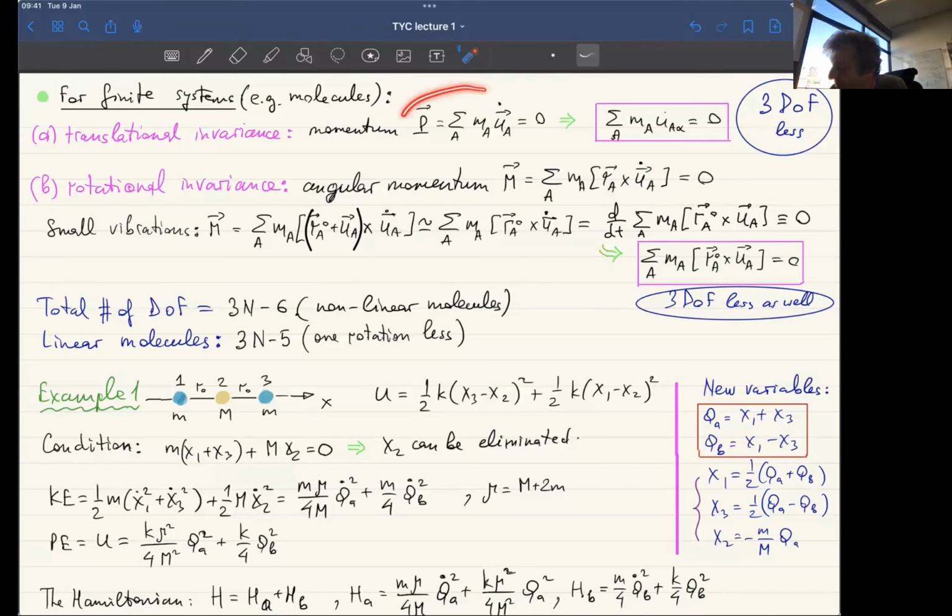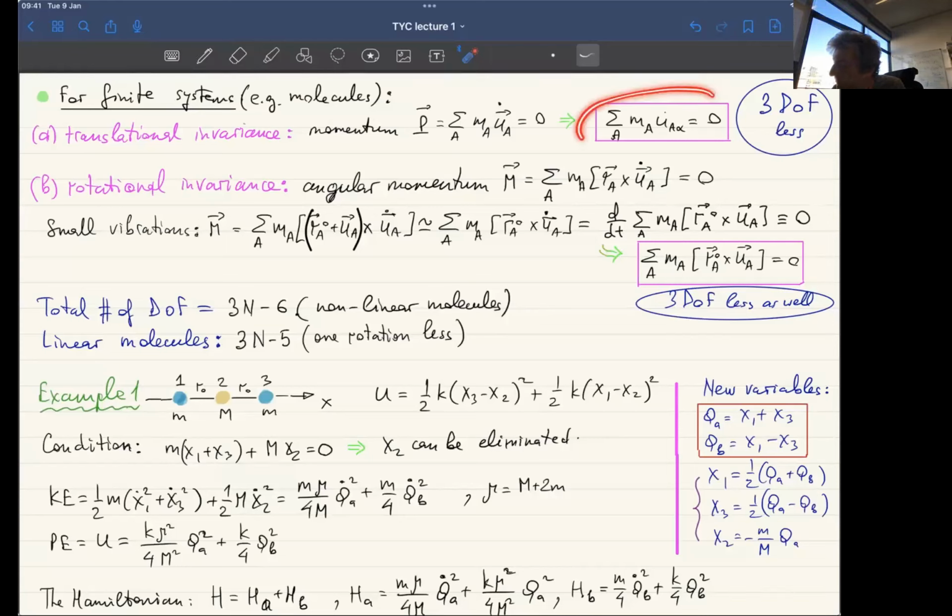The momentum of the system is the sum of the momentum of each atom. So this dot corresponds to the time derivative. So if the momentum is conserved, that means that that quantity is equal to 0 or equal to a constant. We can always choose it as equal to 0 if we choose the center of the coordinate system in the center of mass.